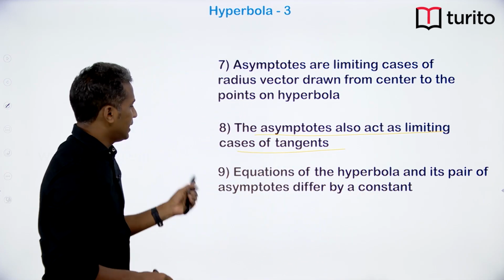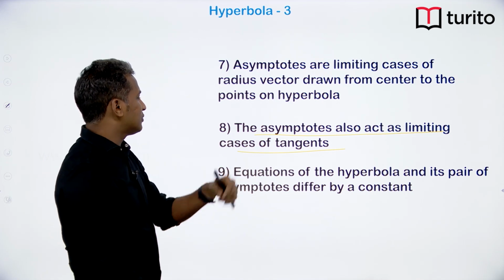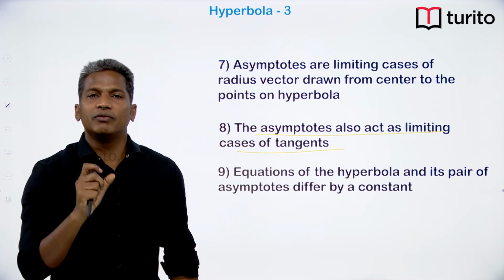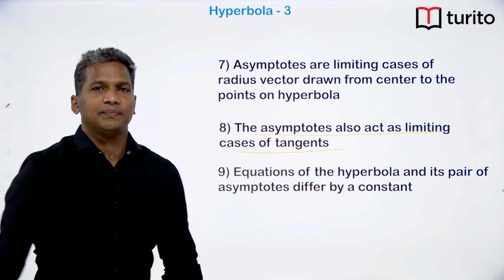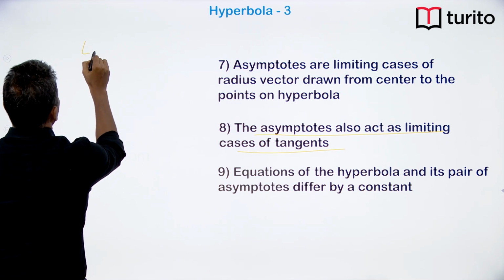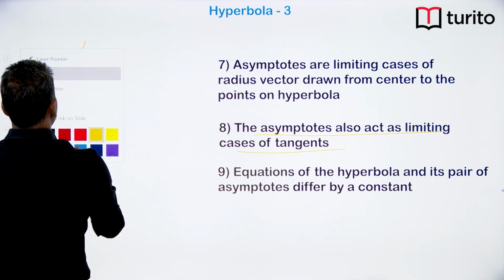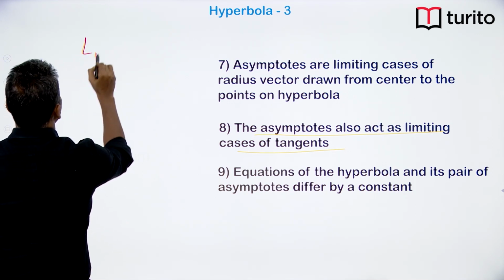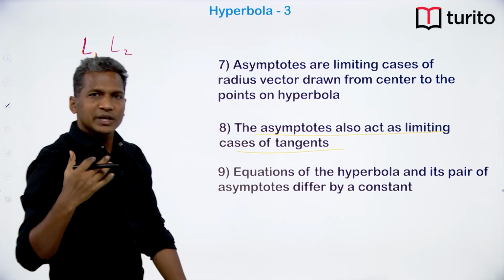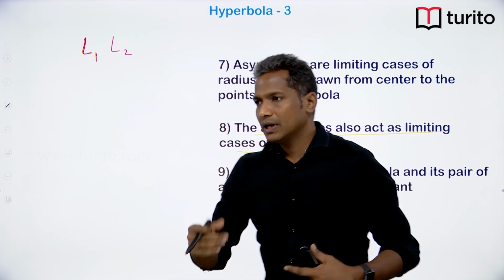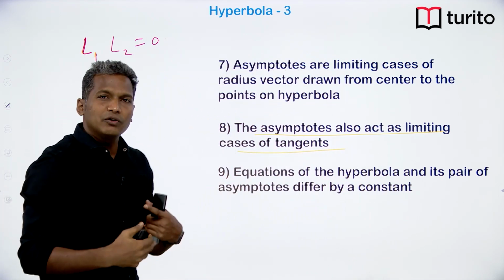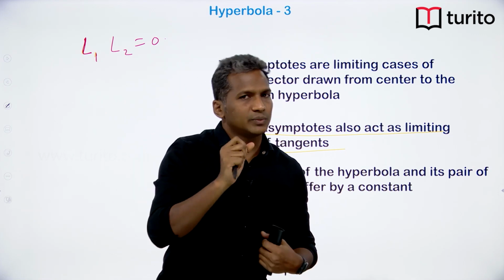Next, the equations of the hyperbola and its pair of conjugates always differ by a constant. So, if I know that the asymptotes are, let us say, L1 equal to 0 and L2 equal to 0, then L1 into L2 equal to 0 becomes the equation of the pair of straight lines of the asymptotes.